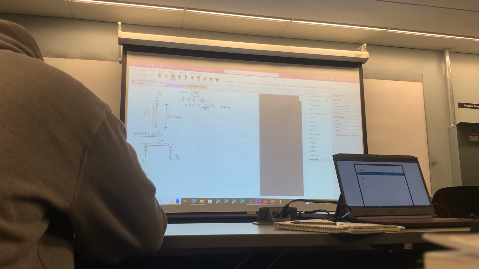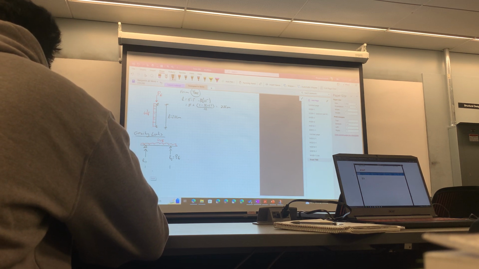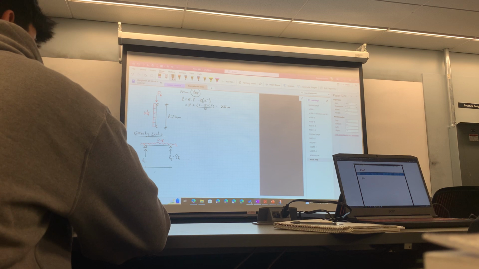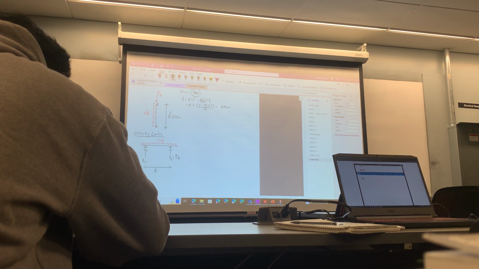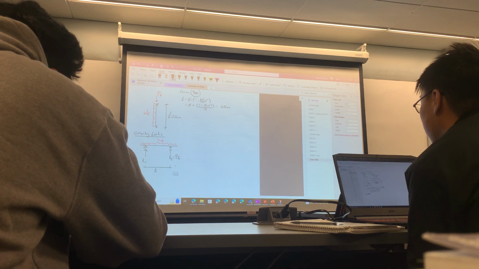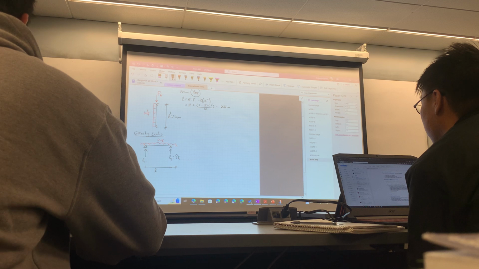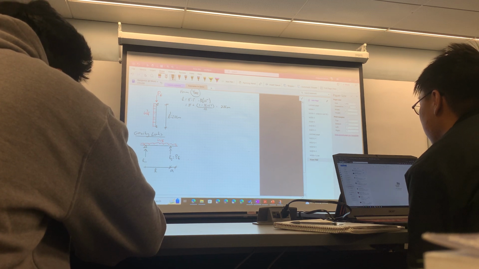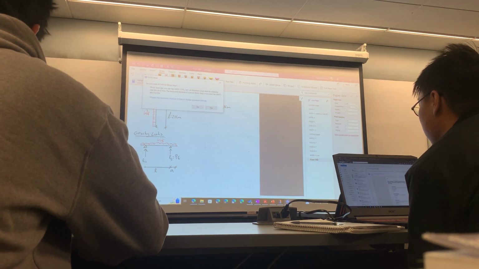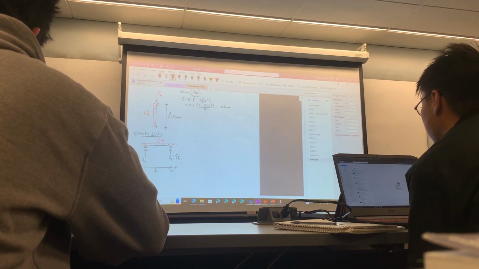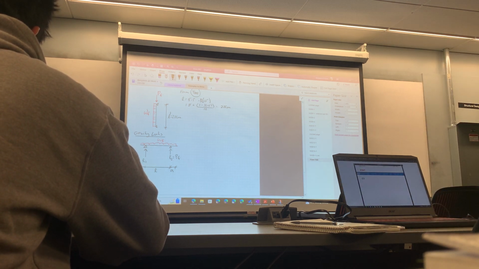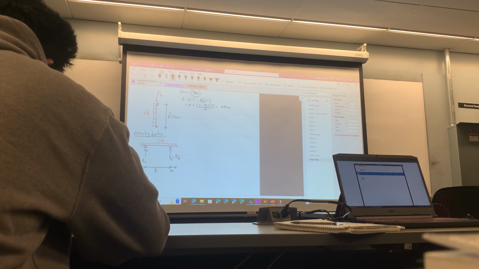Alright, we're going to have our span here, L. Maybe we call this H or L prime, just so it's a little different. And then you got your overhang, we'll call that A. We've got the same overhang on both sides.